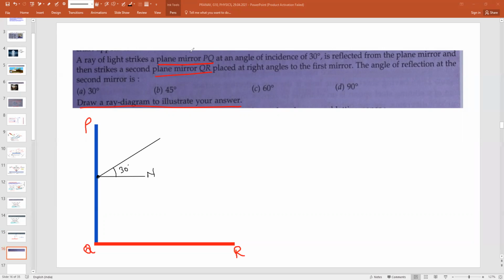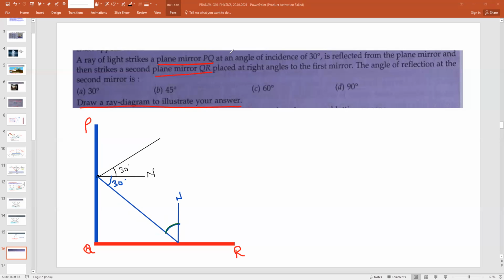So there will be a reflection, and that reflection is falling like this. So this makes 30 degrees. Here is also a normal, right? Now the question is, how much would this angle be?